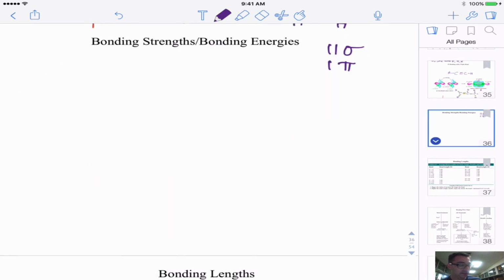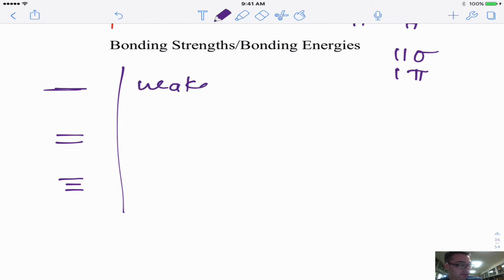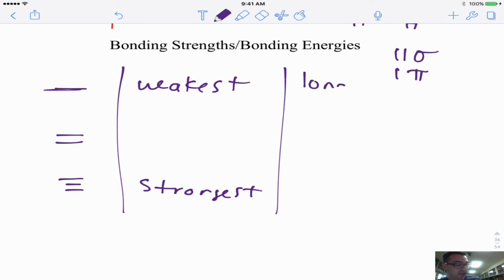Alright, there's one more thing that I quickly want to touch with you, and that is bond energies. The thing with bond strengths and bond energies, they refer to two important things. One is when we look at a single bond versus a double bond versus a triple bond. The single bond is the weakest, whereas the triple is the strongest. And the double is in the middle. The single bond, as I mentioned in class, is the longest, and the triple is the shortest.